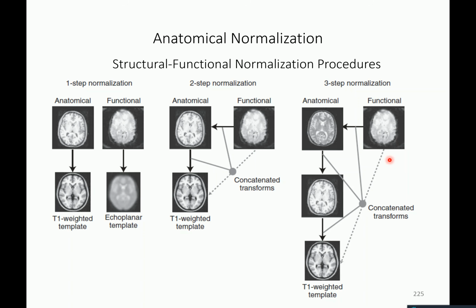So you can do all sorts of things, and I personally prefer this here, this functional. You have your functional data, you morph it into the MNI space by aligning it with the EPI template, and you're done.